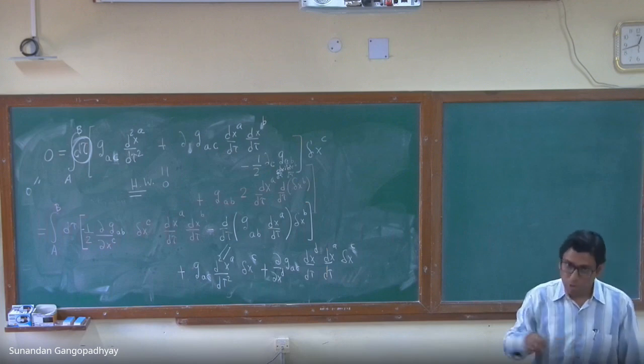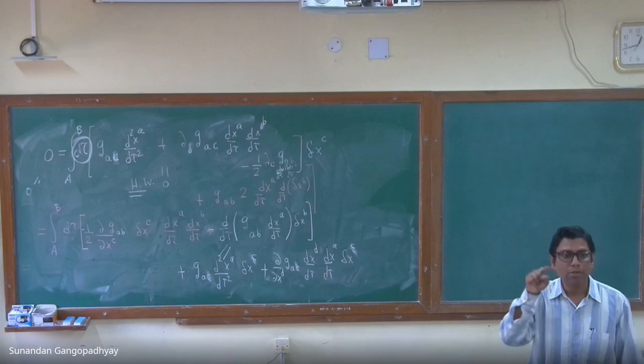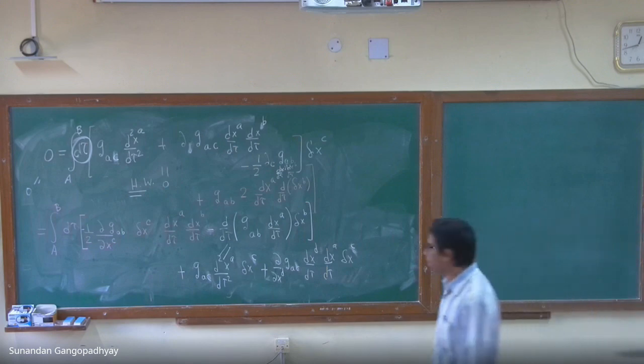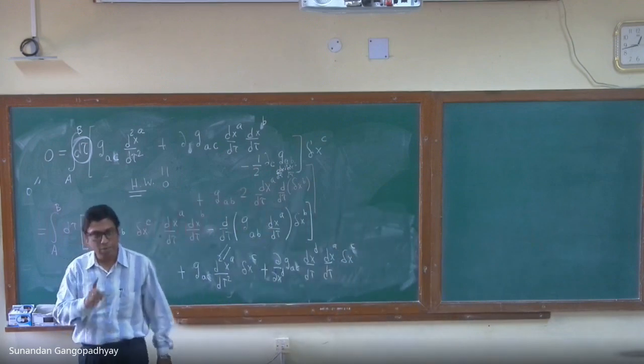But how do you get the constant? Precisely, this d tau d lambda is 1 because we fix the gauge. So 1 is equal to GAB UA UB. So that is the constant. It seems that there are four degrees of freedom, but there is one constant. Therefore, there are actually 3 degrees of freedom.